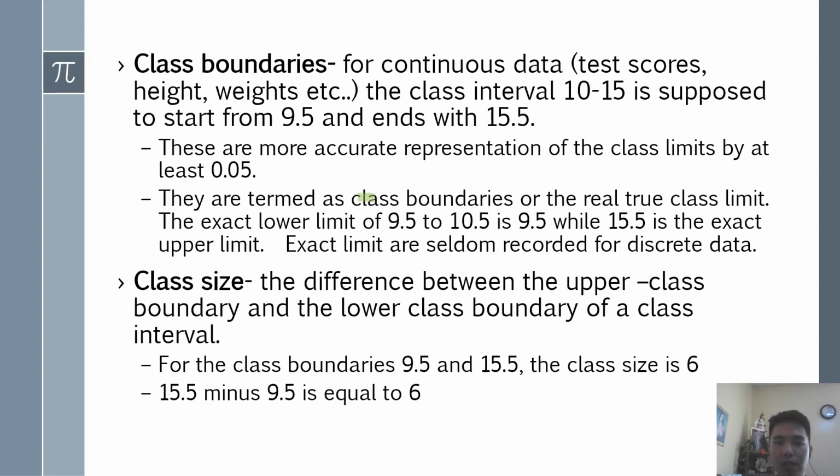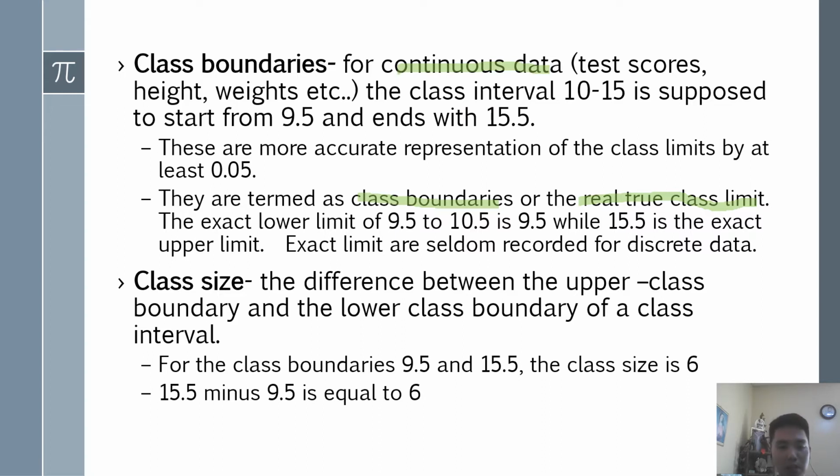Your class boundaries are the real, true limits of a given class. The exact lower limit is 9.5, while 15.5 is the exact upper limit. However, class boundaries are seldom recorded for discrete data. They are only recorded for continuous data.